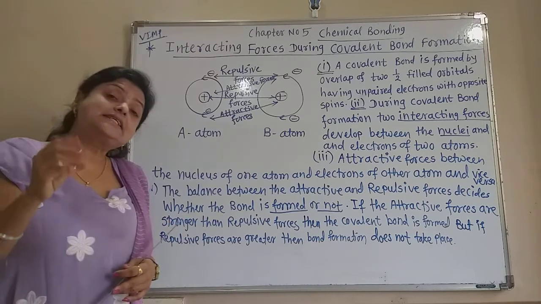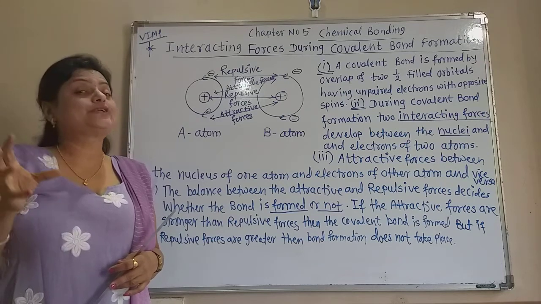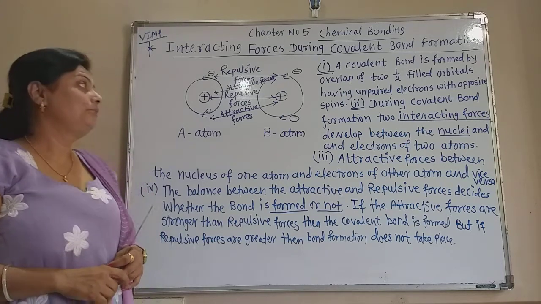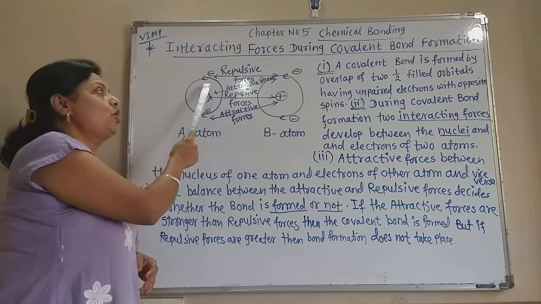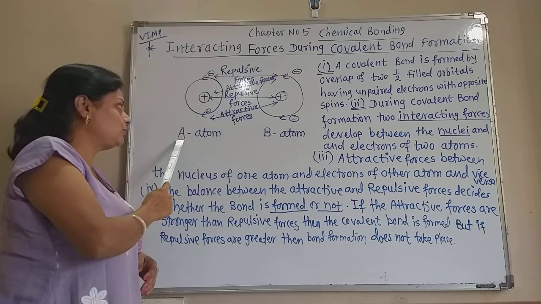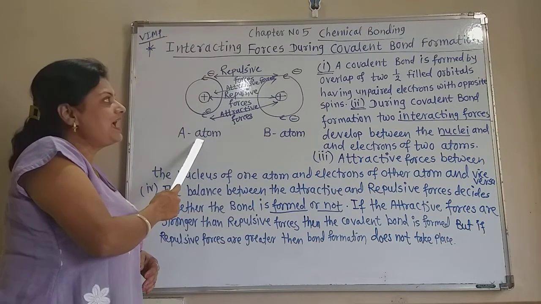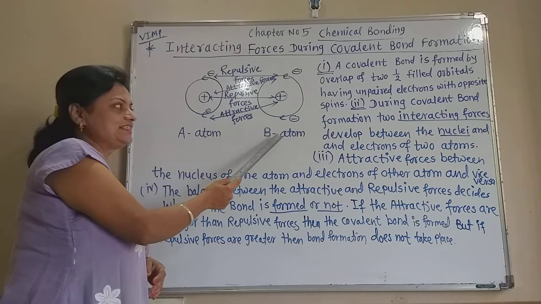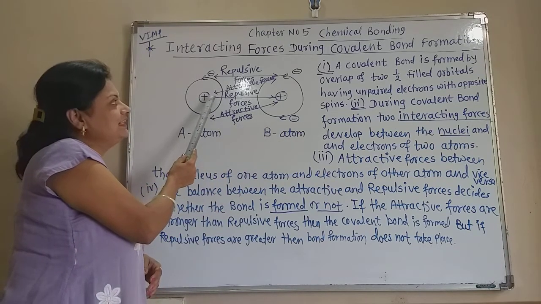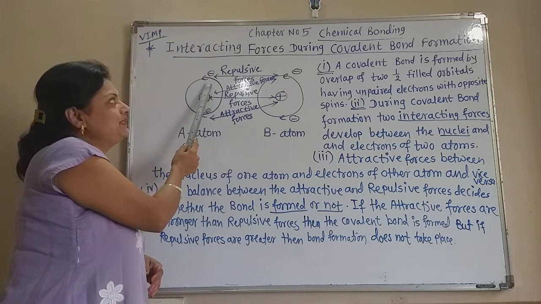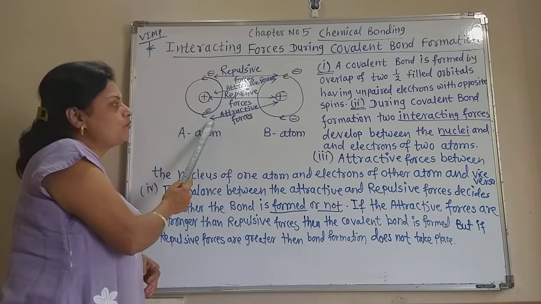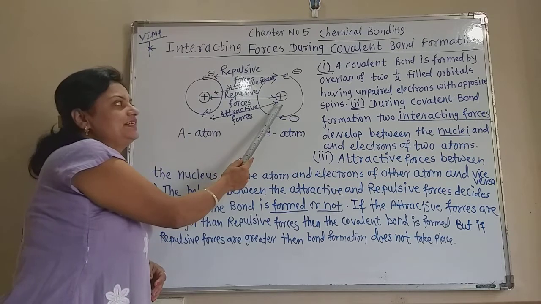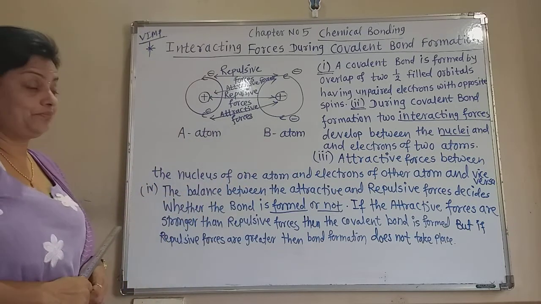But at the same time, attractive forces are also working between the electron of one atom, suppose the A atom, and the nucleus of the other atom, that is the B atom. There are attractive forces between the electron of one atom and the nucleus of the other atom.